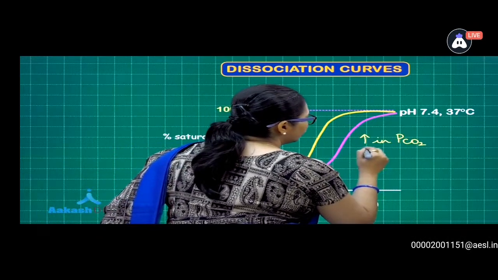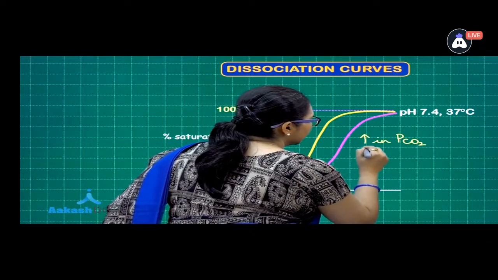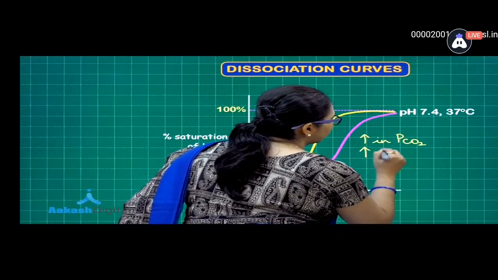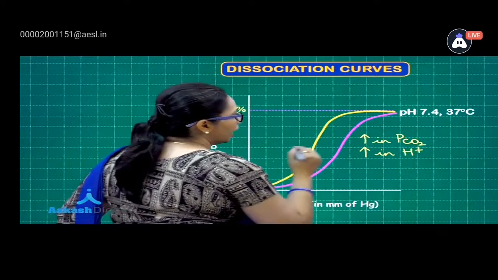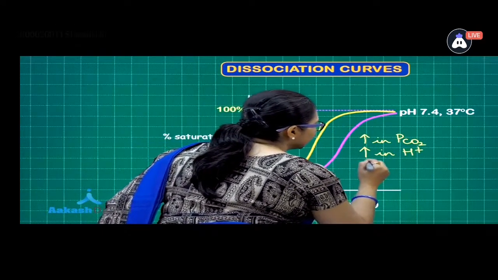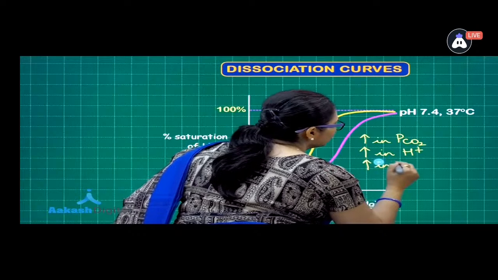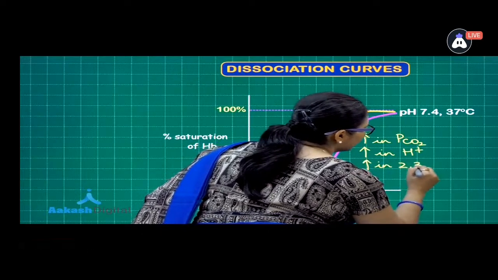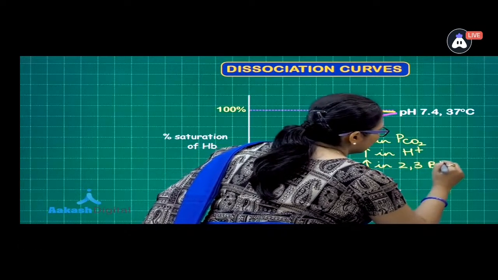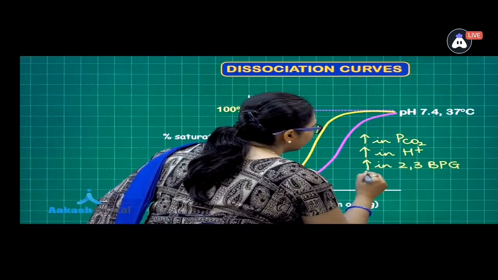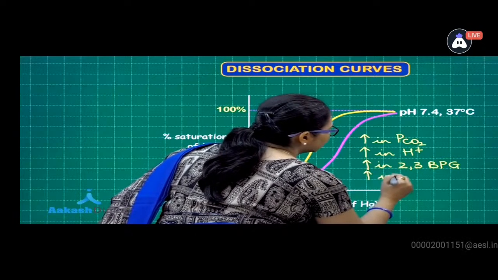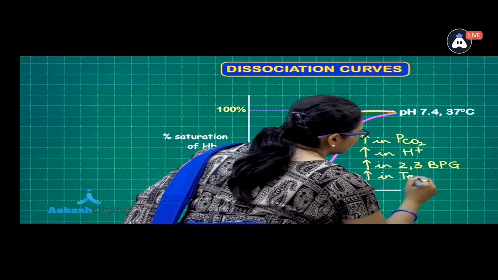And when partial pressure of carbon dioxide has increased, there also is going to be increase in hydrogen ions. There is going to be increase in 2,3 BPG. And since the tissue is metabolically active, there would also be increase in temperature.